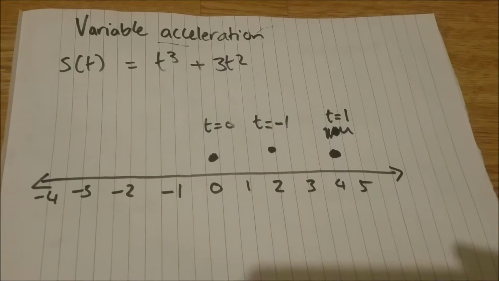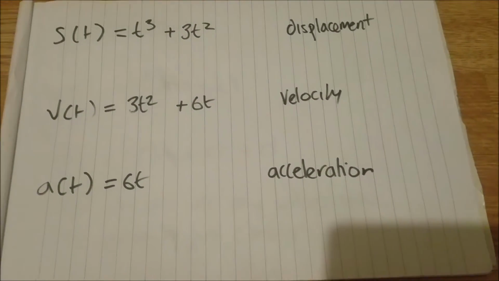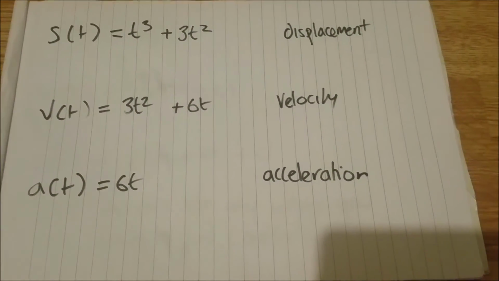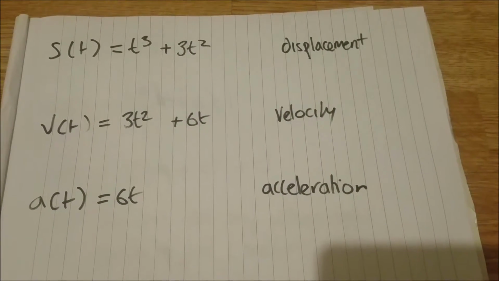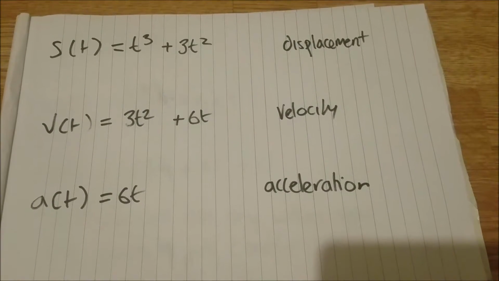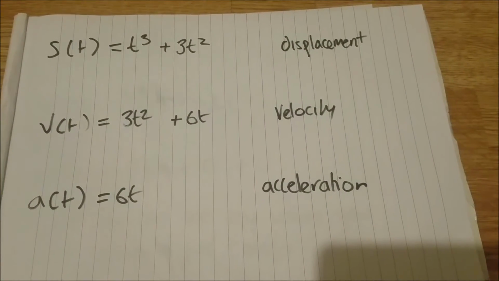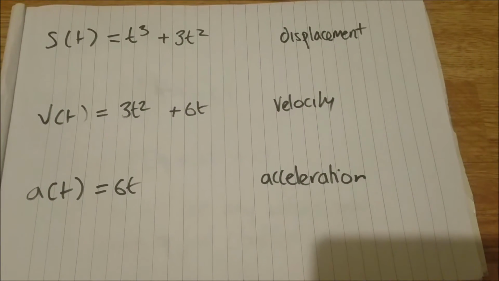But what has that got to do with acceleration? Well, you're about to find out, aren't you? So what I've chosen to do here is illustrate how displacement, velocity, and acceleration work through an actual physical example. And the way they work is that if you differentiate the displacement function, you get the velocity function. And if you differentiate the velocity function, you get the acceleration function.